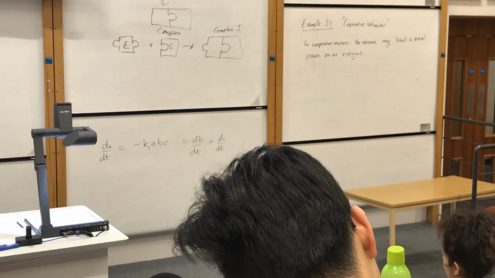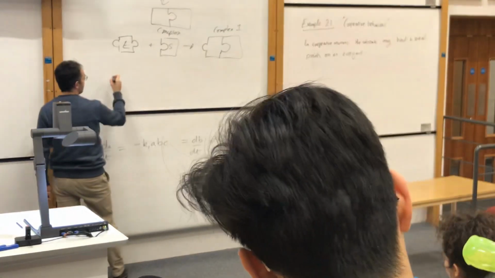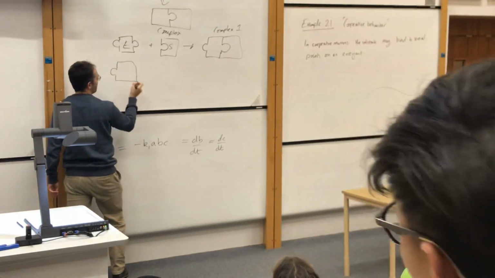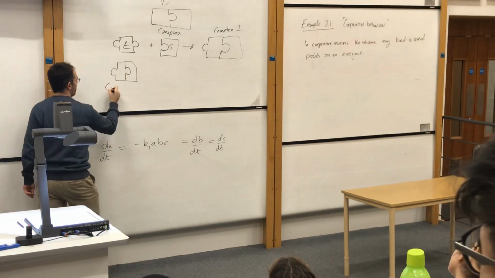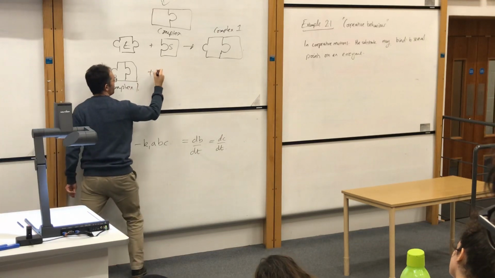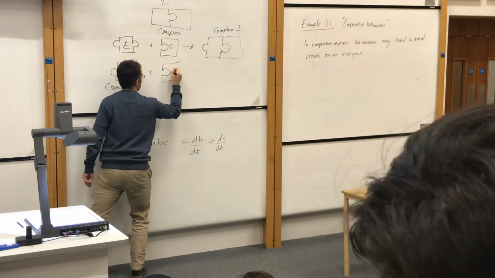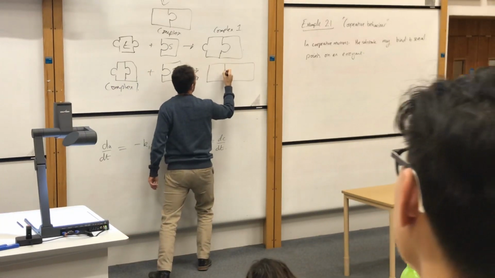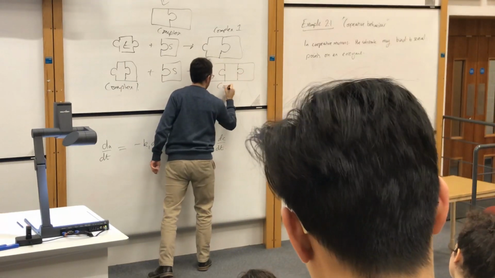But then of course the enzyme still has a free binding point, so you could also have a case where that complex one adds another substrate, and that forms another complex. Call it complex 2.